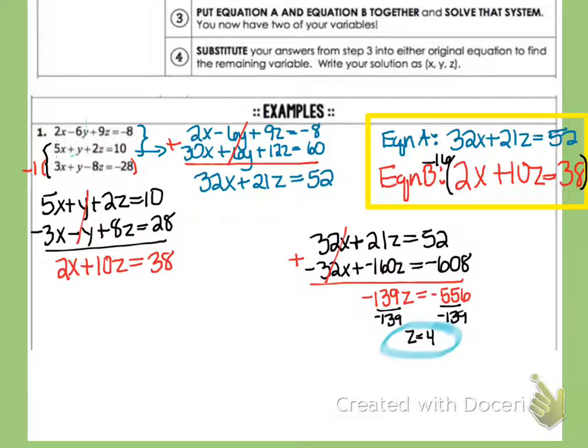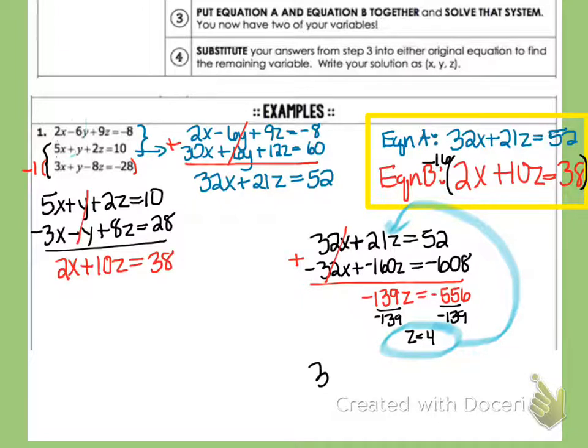So finally we have found the value of one of our variables, and so now we can go back and find x by taking this value, and we can plug it into one of the original equations, probably this one here, to determine what the value of x will be.